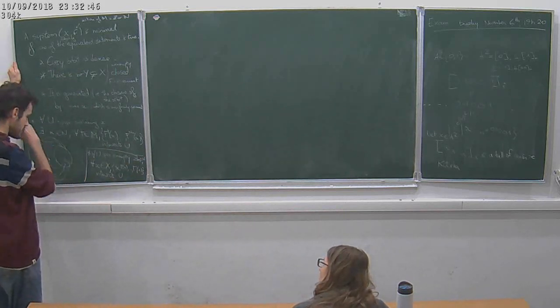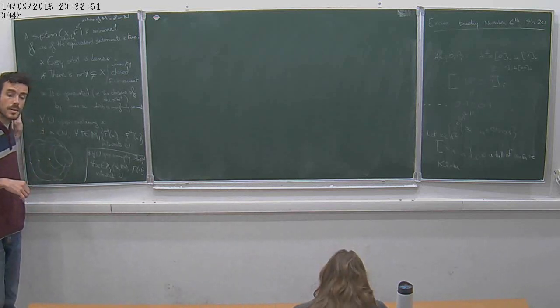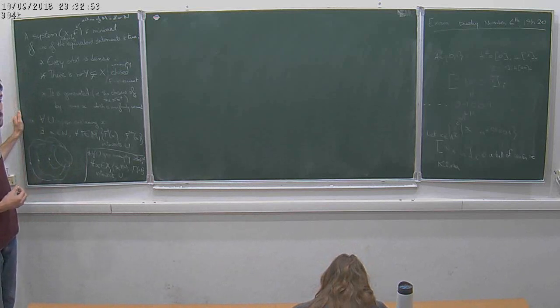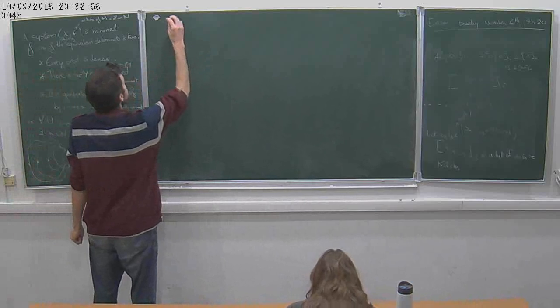So, can anyone think about a characterization of minimal subshifts in dimension 1?